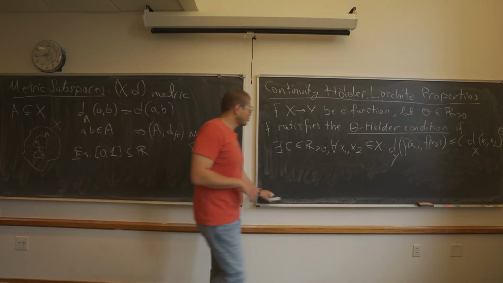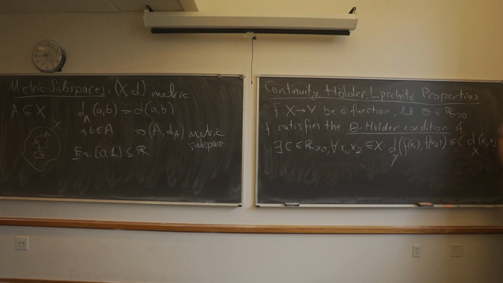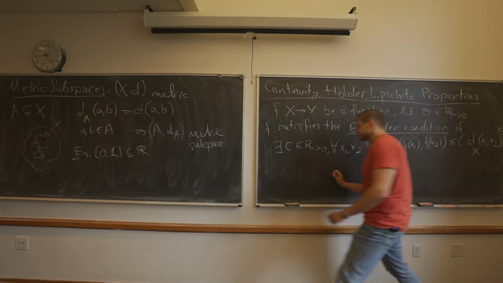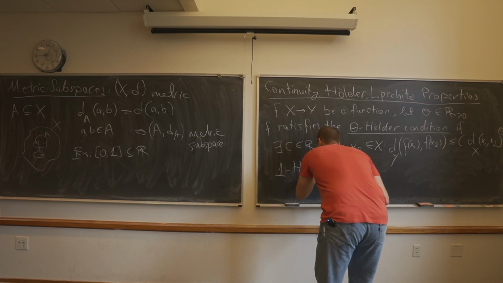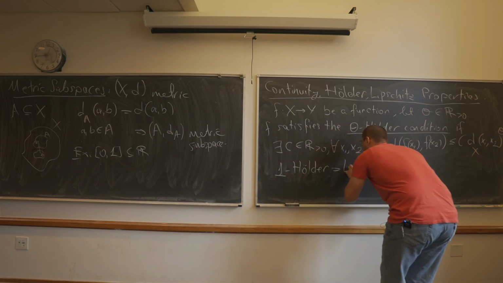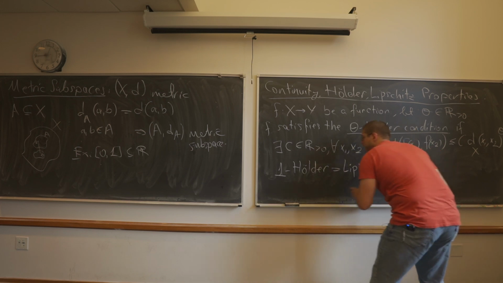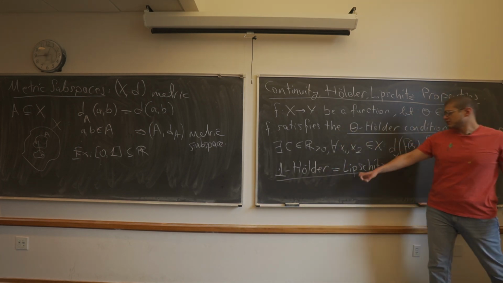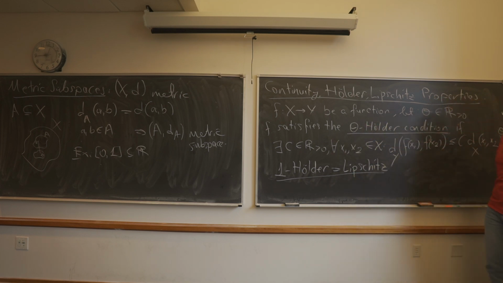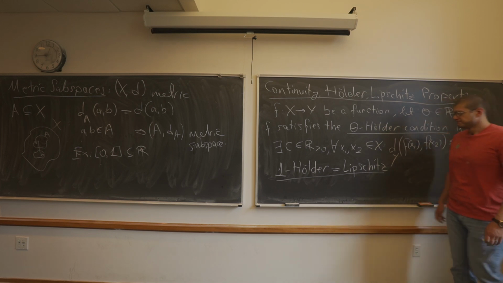So one-Hölder, meaning that if you don't have an exponent, that's called a Lipschitz function. In other words, if f satisfies the one-Hölder condition, you also say simply it satisfies the Lipschitz condition.